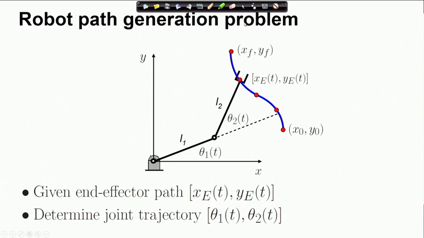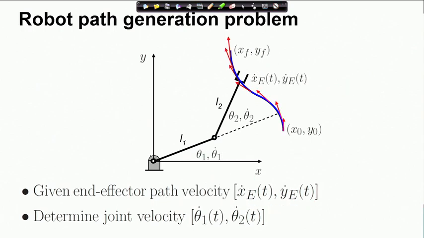The way we will proceed is that given the path, we can differentiate at every point and determine the velocity of the end effector at a specific point on the path.